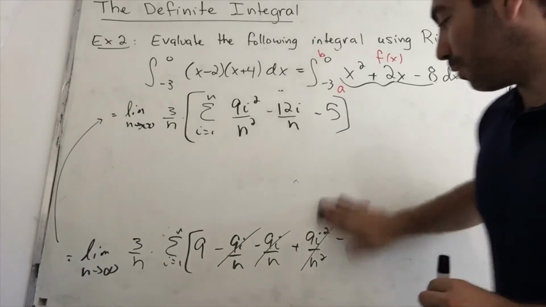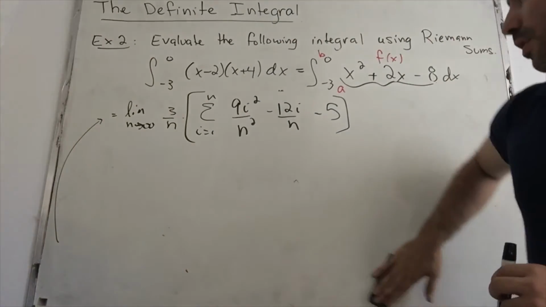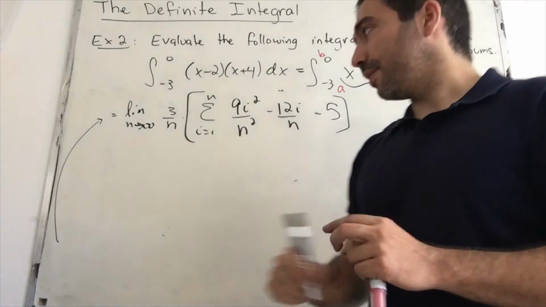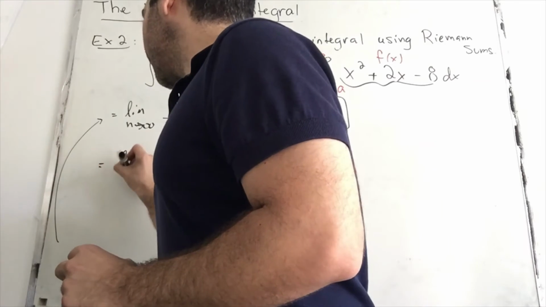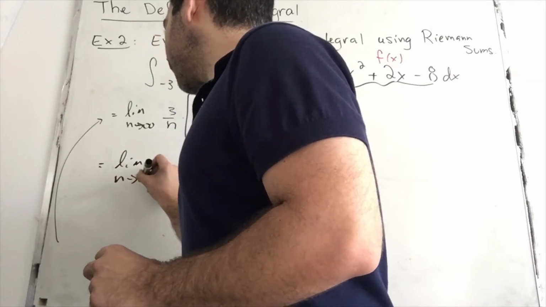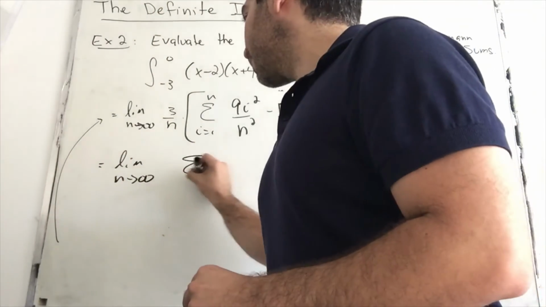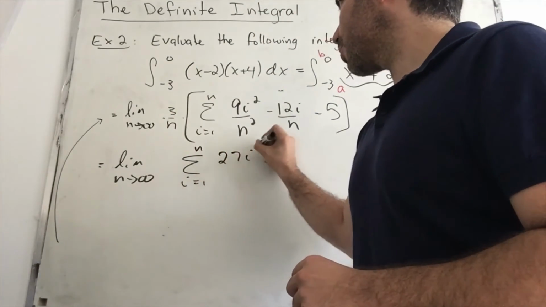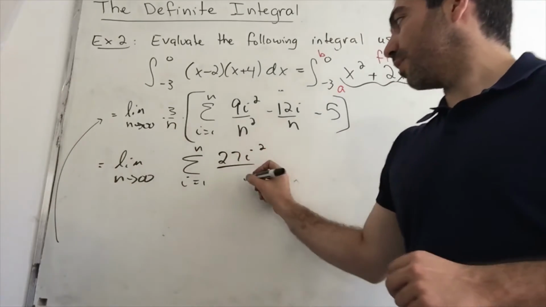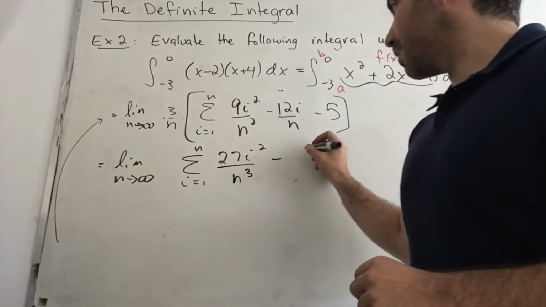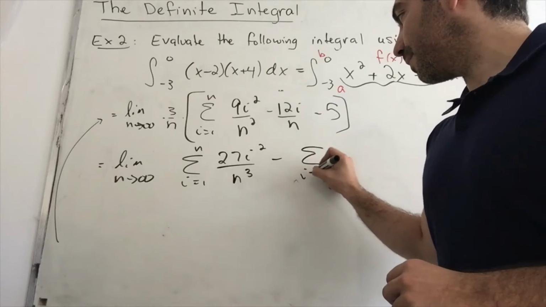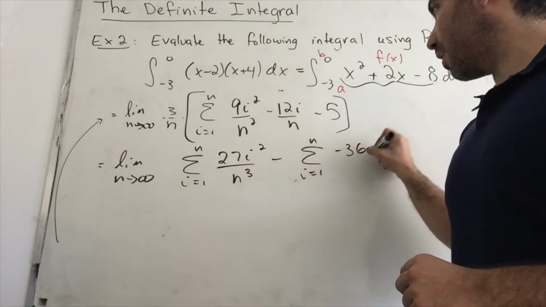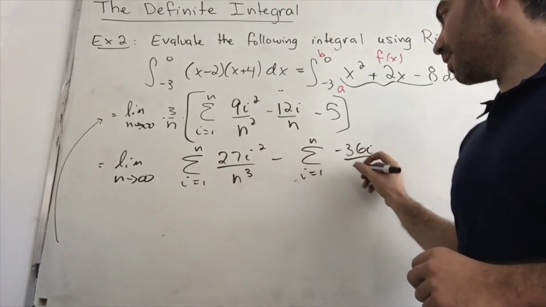So at this stage here, I would probably introduce the 3n, distribute it to all the terms, as well as the summation sign. So you don't have to solve it this way, this is just the way I'm doing it. So we have the sum from 1 to n. 3 times 9 is 27, i squared over n times n squared is n cubed, minus, I'm going to take the sum again. 3 times 12 is negative 36, i over n times n is n squared.